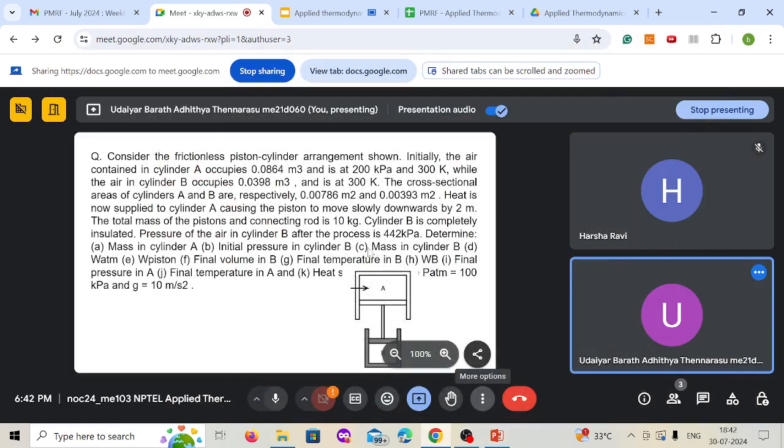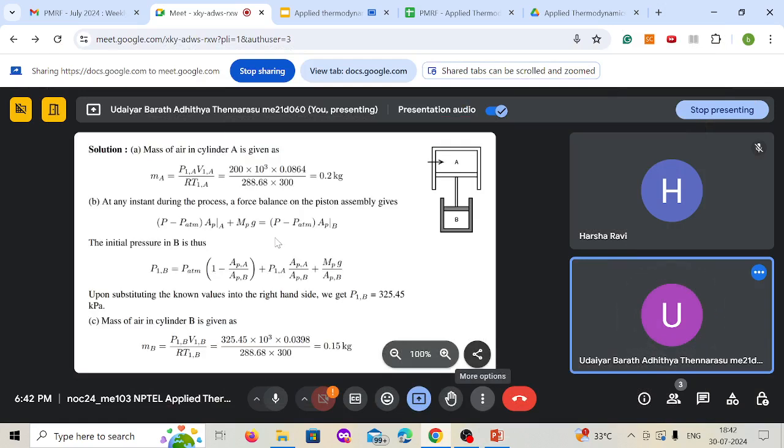So we have to find out multiple things. We'll see how to solve them one by one. Starting with, we'll find out the mass in each of the cylinders. We'll go with the mass in cylinder A, because there we know all of pressure, volume and temperature.